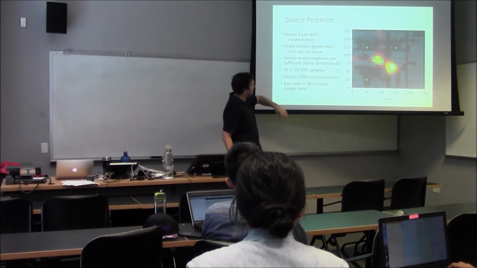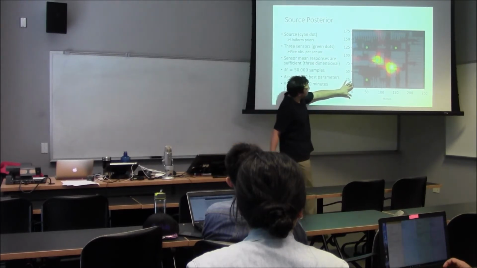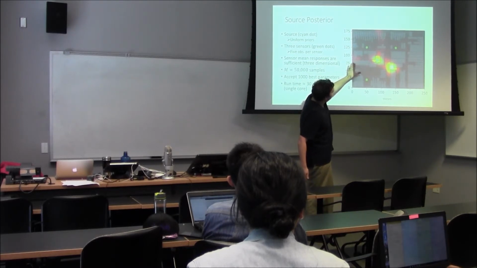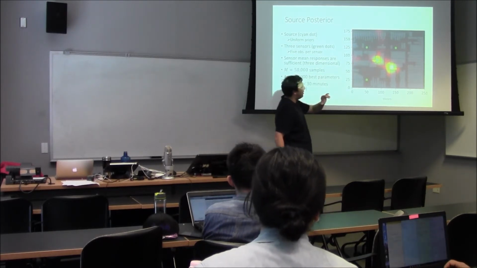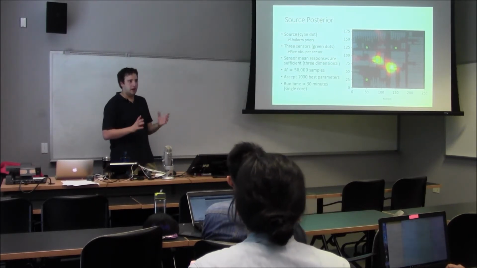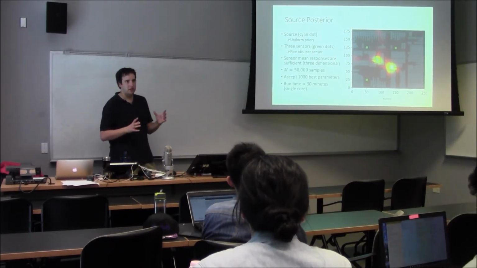So basically what we have here is a heat map, a kernel density estimate of the posterior distribution over the x and y parameters of the source location.